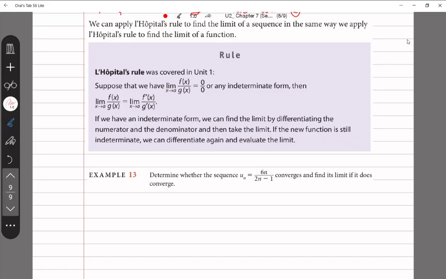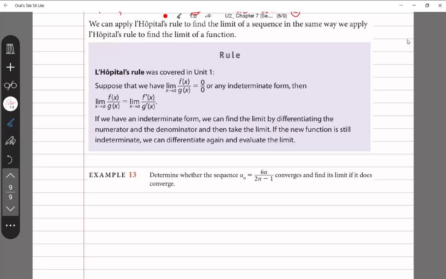Suppose that we have that the limit of f of x over g of x as x approaches a is equal to 0 over 0 or any other indeterminate form, then the limit of f of x over g of x as x approaches a would be equal to the limit of the first derivative of f of x divided by the first derivative of g of x as x approaches a.